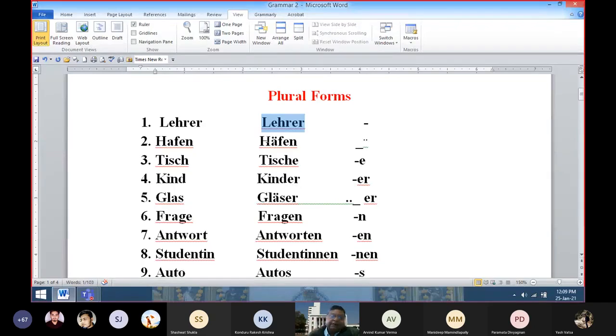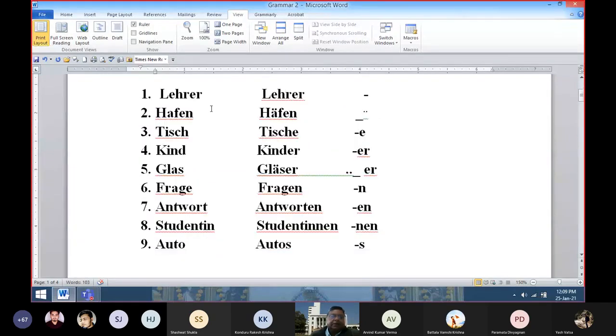So all the words in the plural category will have die, like die Lehrer, meaning teachers. Der Lehrer is singular, die Lehrer is plural. This is one of the categories: words which do not take any ending, their singular and plural forms are identical.